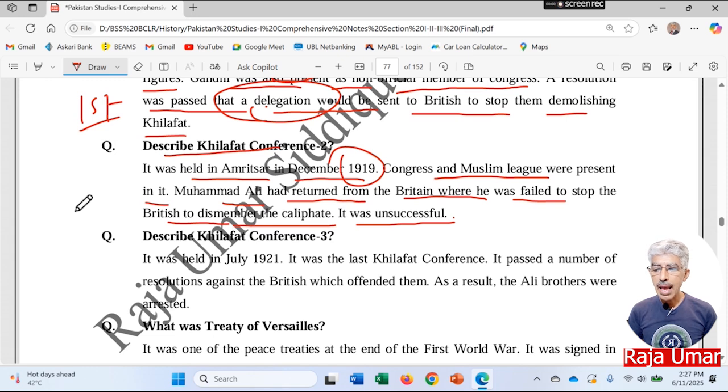Maulana Muhammad Ali Johar came back and informed the Khilafat Conference 2 that he was not listened to, and that's why all this went to waste and was unsuccessful. Next, describe Khilafat Conference 3.